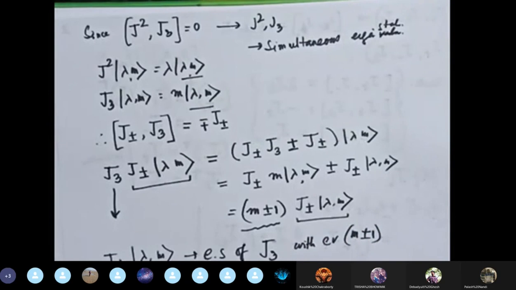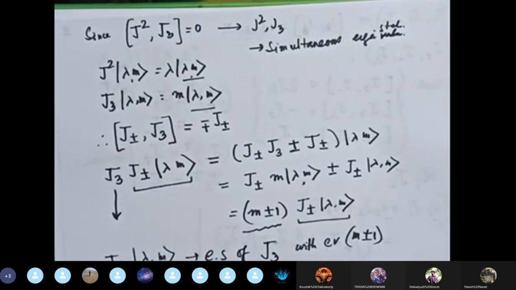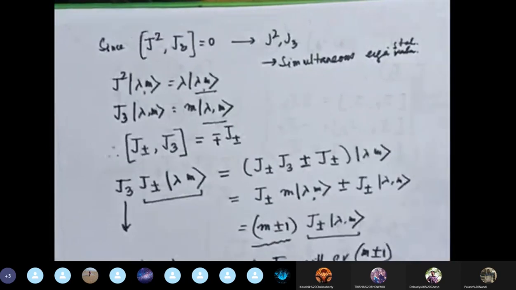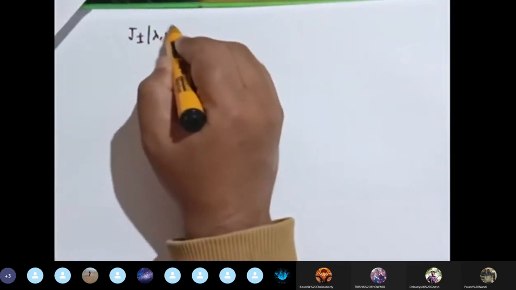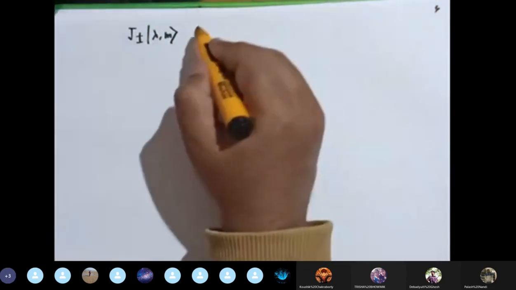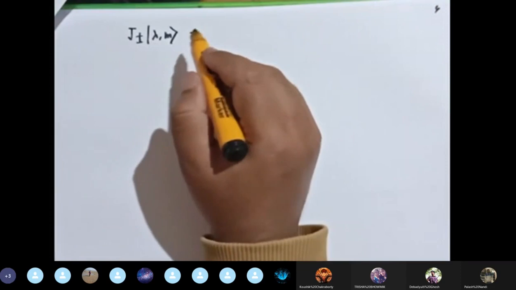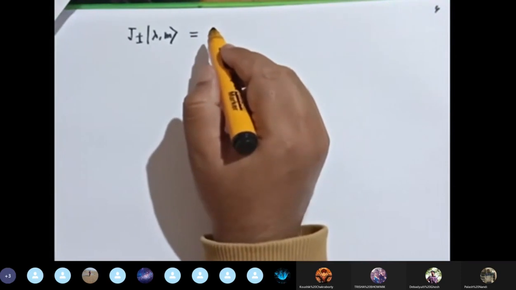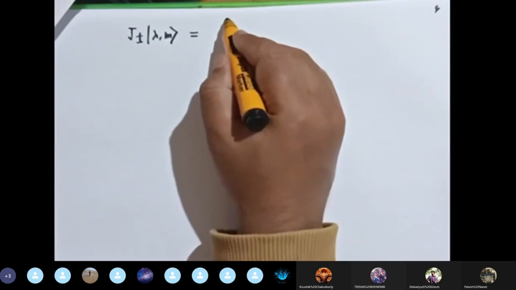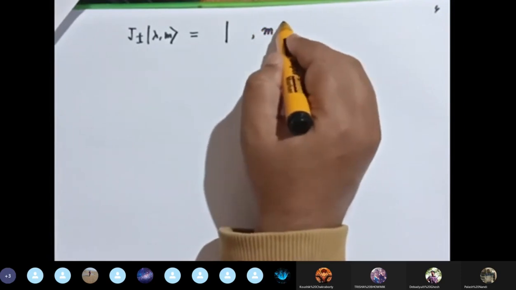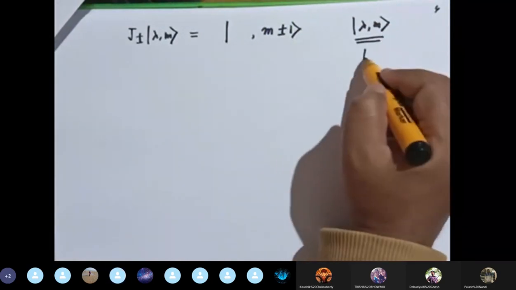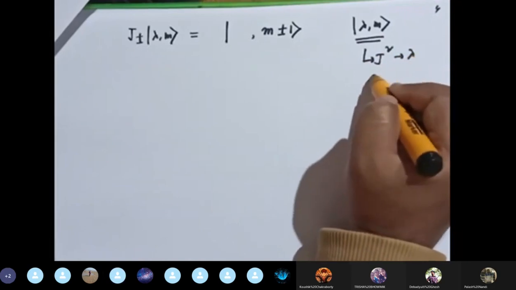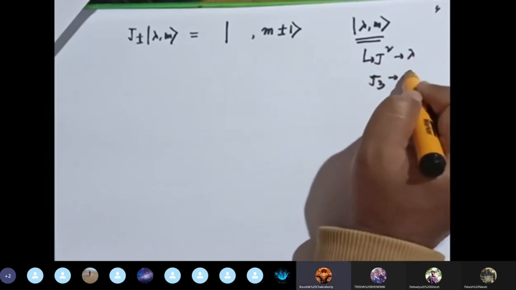Now, because of this I can always write J plus minus lambda m, an eigenstate of J3 with eigenvalue m plus minus 1, because lambda m is the generic notation for an eigenstate of J square with eigenvalue lambda, of J3 with eigenvalue m.